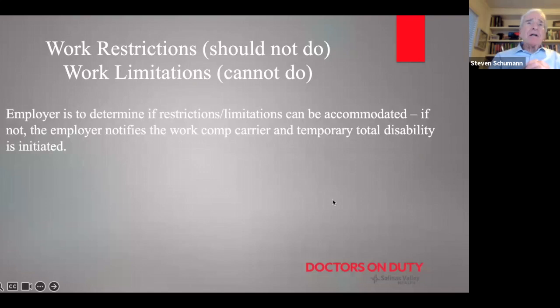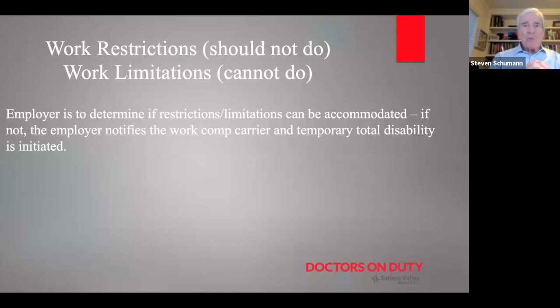Now, what happens, of course, as I think you all know, is that the employer then determines if restrictions, limitations can be accommodated. Our job is to indicate what the employee should not be doing. You may also choose to describe, in addition, what is permissible, if that's appropriate. But the employer then determines if the restrictions can be accommodated or not.